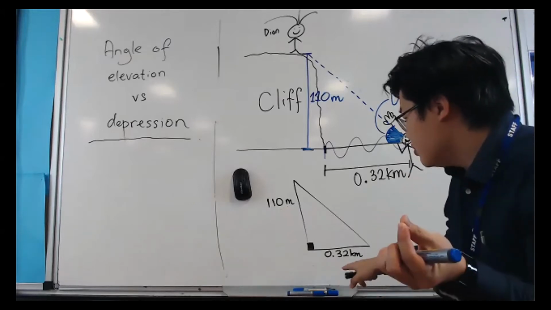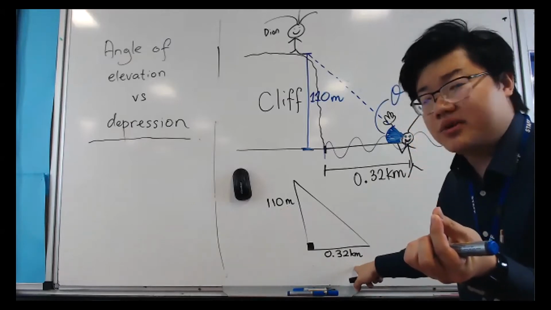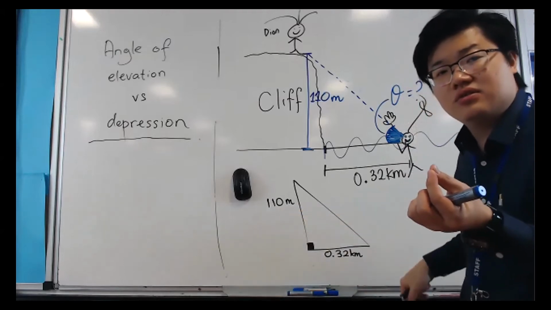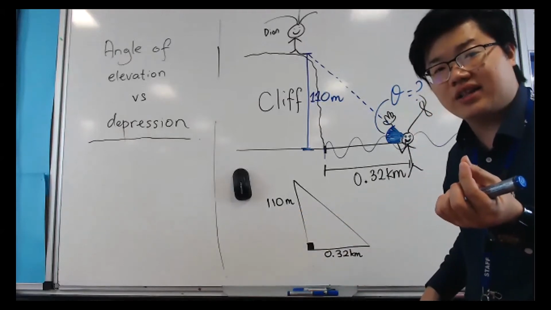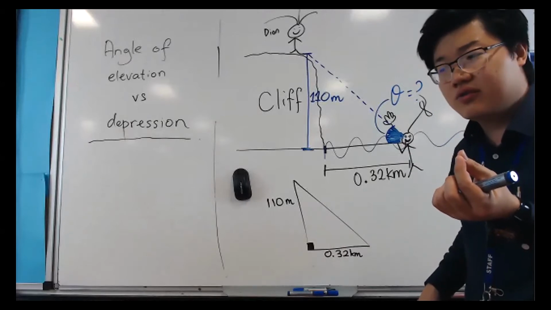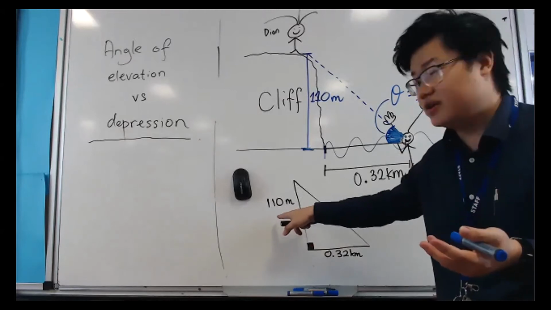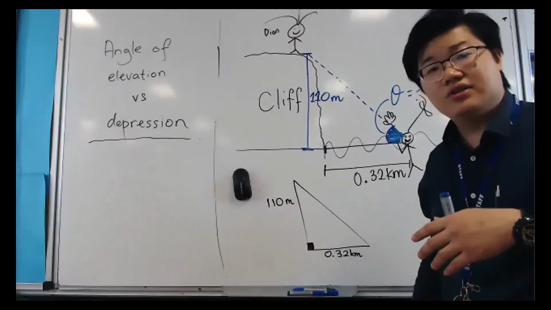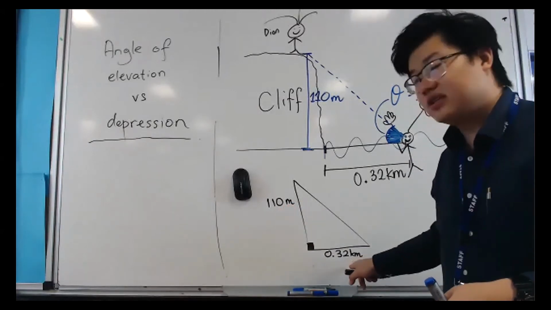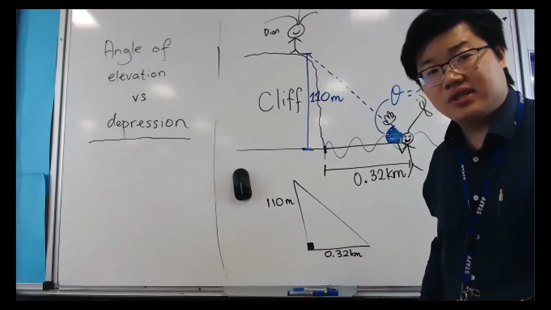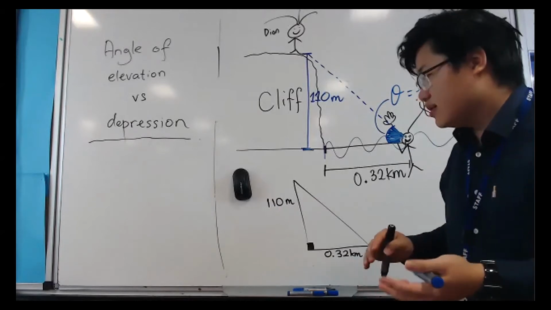It's very important because that's kilometers and that's meters. Can we put them into the equation like that? No, we can't. Exactly. So you either turn 110 meters into kilometers, or you turn kilometers into meters. Meters, 320.